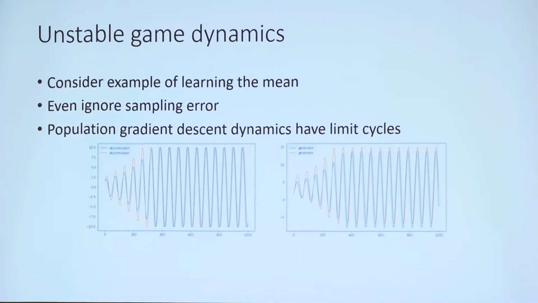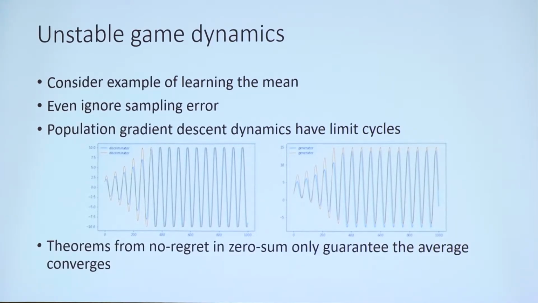So what you see here is that at no point in time did the generator ever find the true means. These dynamics were constantly oscillating potentially around the true means of the distribution, but we never really found those true means, right? No matter where we stop these dynamics, we're never going to spit out the true means of the underlying distribution.